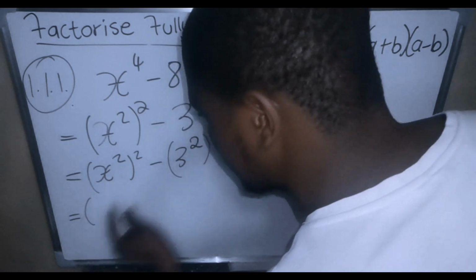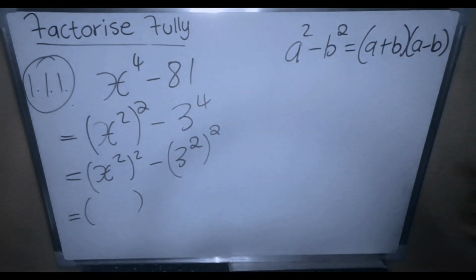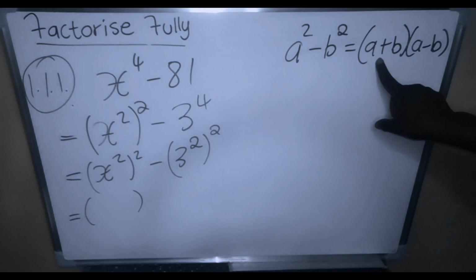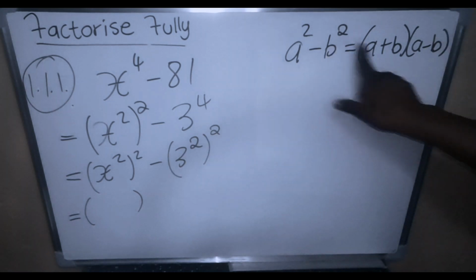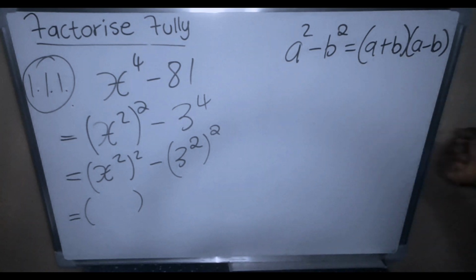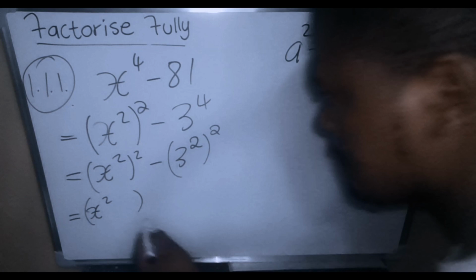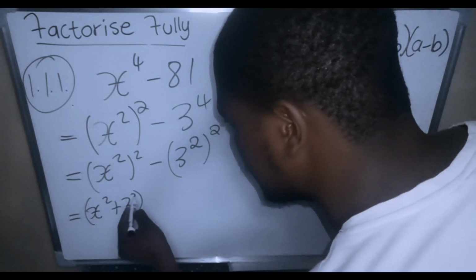I have to open 2 brackets. The first bracket: x squared plus, remember the minus, we've got plus, x squared plus 3 squared.